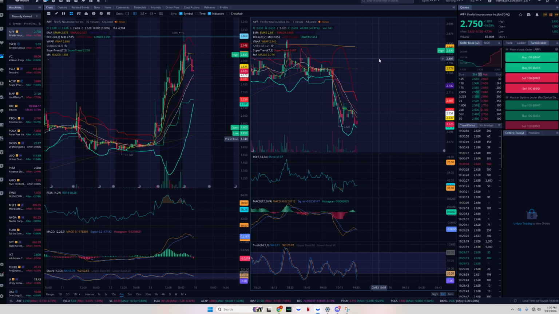Now this of course would work better with more volume, but the premise is still the same. Still looking for buyers to lose interest once it holds this level right here.